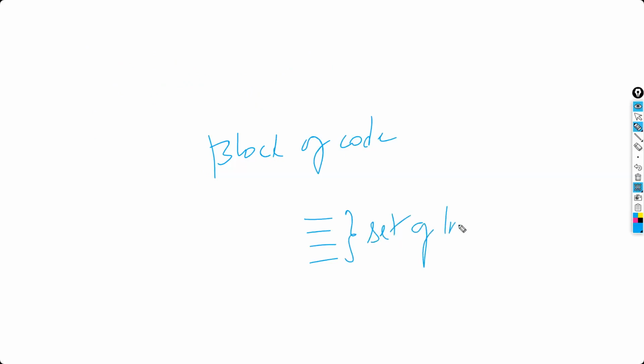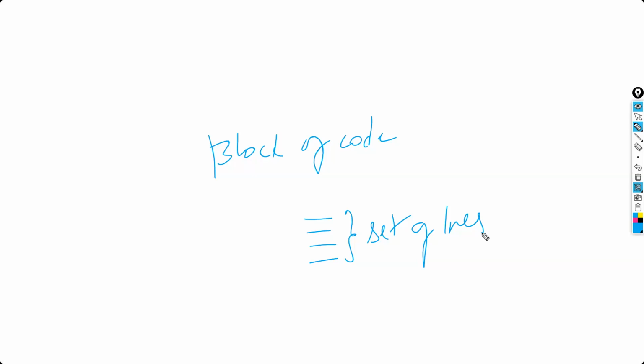A block of code means a set of lines separated by indentation. Indentation means there will be a tab space before them.